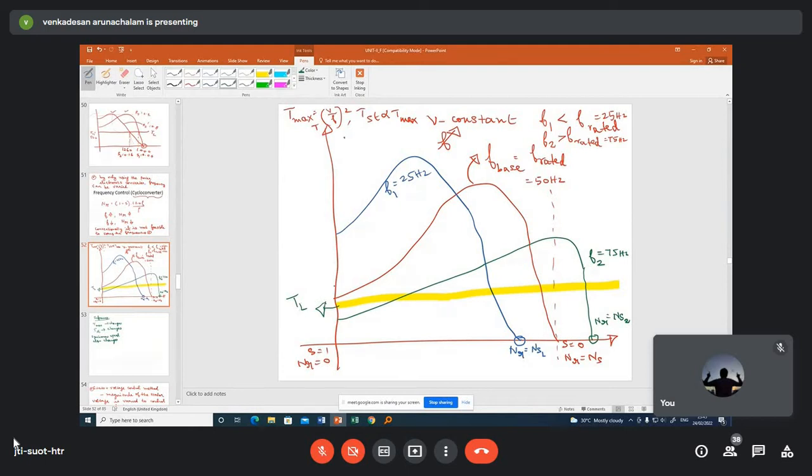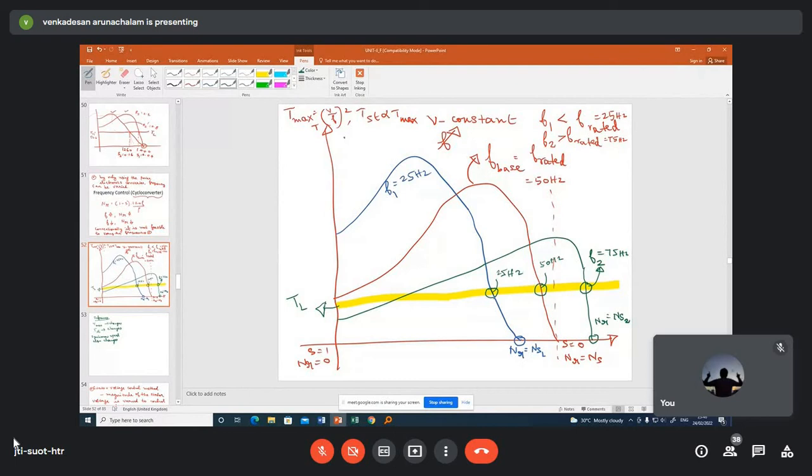So where are the operating points now? I told you that operating points are the intersection of machine torque and the load torque. So this is one operating point. This is another operating point. This is another operating point. So this is for 75 Hz and this is for 50 Hz rated and this is for 25 Hz.